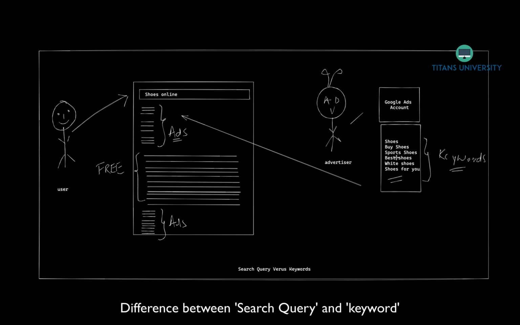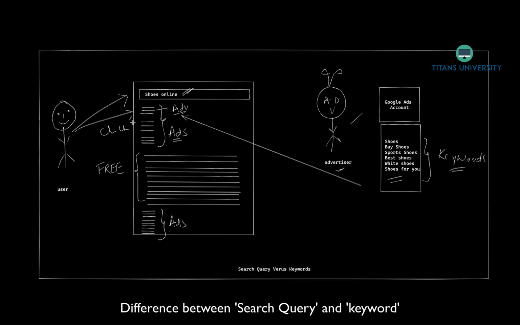Now, if this phrase is eligible to trigger the advertiser's ad, the ad will be shown here. Let's say this is the ad of our advertiser. If this is the ad that the user is looking for, he will click on this ad and then he will go to the landing page.